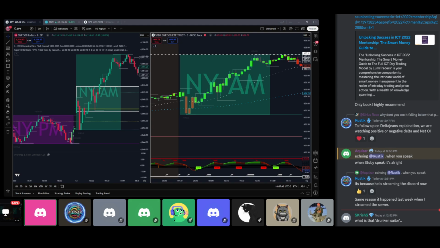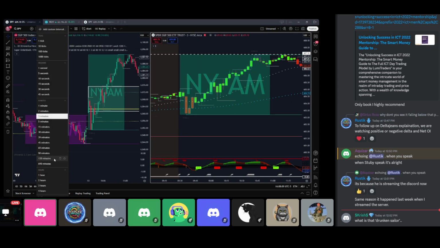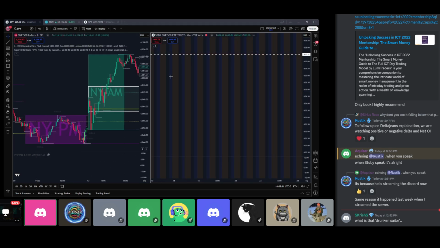Time frame for bias is going to be my 1 day to 4 hour, then time frame for structure is 1 hour to 15 minute, and then time frame for entry is 3 minute to 5 minute. For example, I'm just going to go on the 4 hour here.